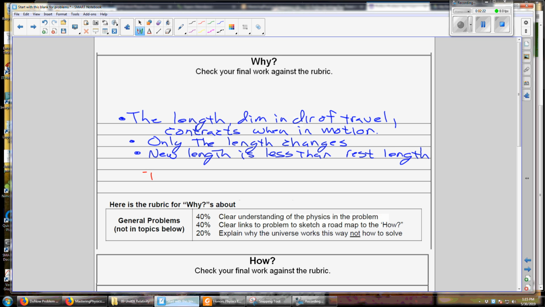And the last one, the speed of light is constant in all frames of reference. I think that covers all the concepts and ideas. Agree, disagree?